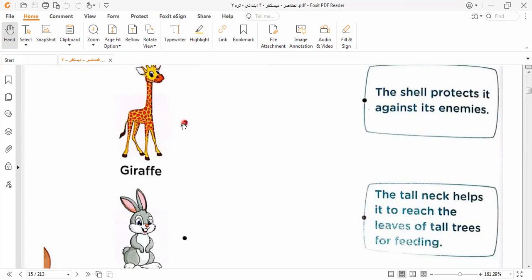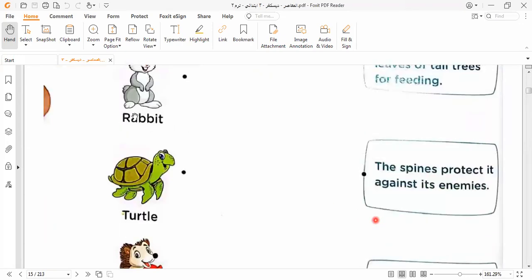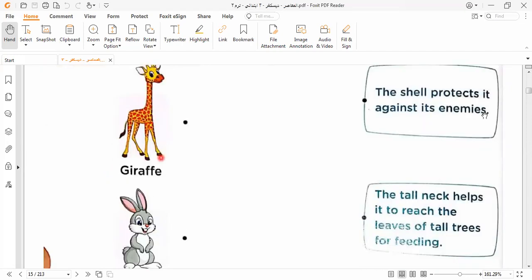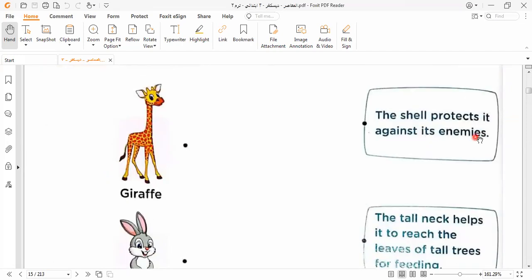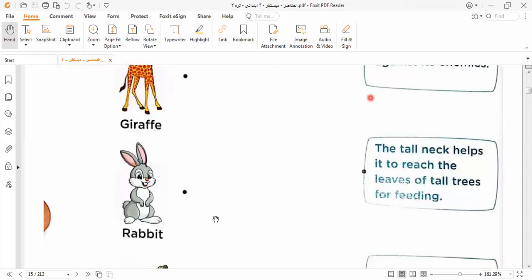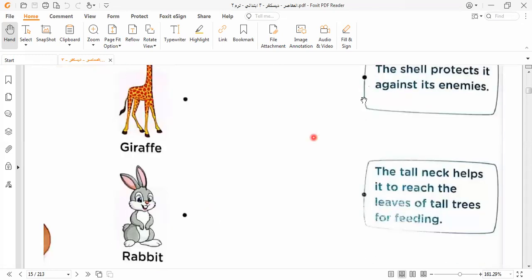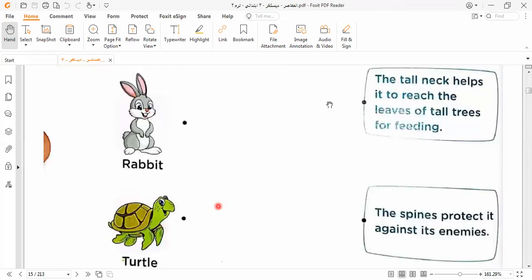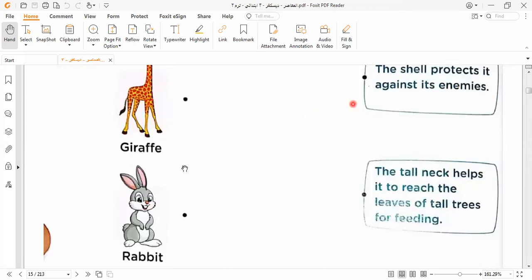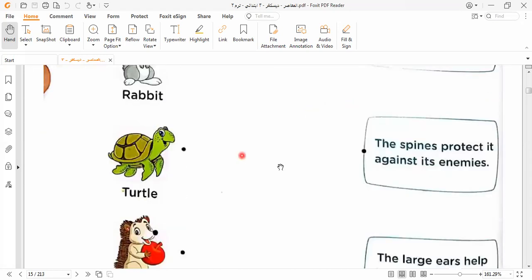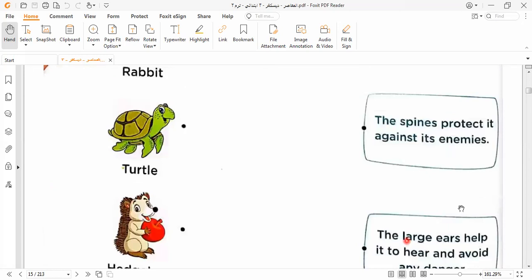So I will match this one with this sentence. The shell protects against animals. Which one? The turtle. So I will select the turtle with this one. Rabbit. Rabbits have large ears to hear and avoid danger.